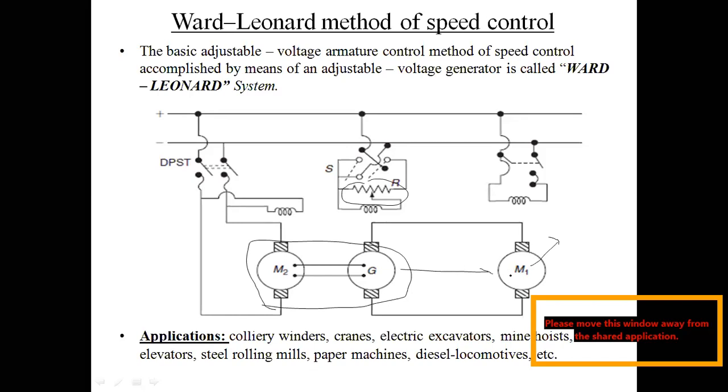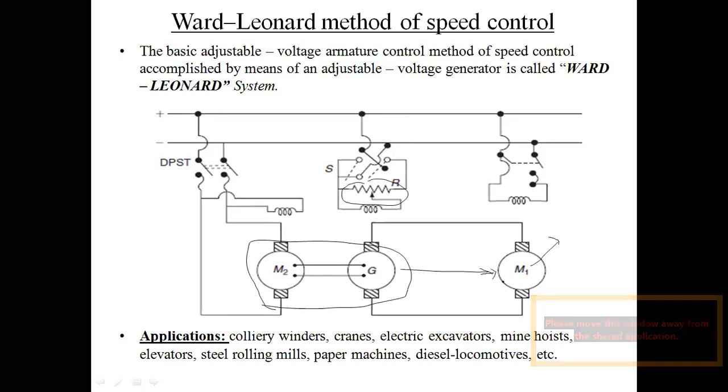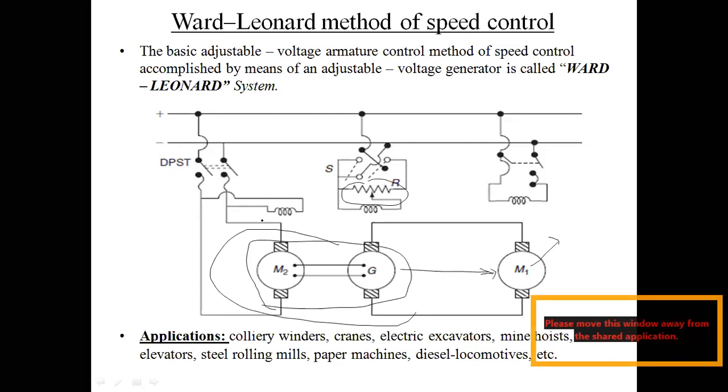By applying this variable voltage to the armature of M1, the main motor, we are going to vary the speed of the motor. This is the main thing we have to do here. How is this variable voltage applied? It is applied from this motor generator set.